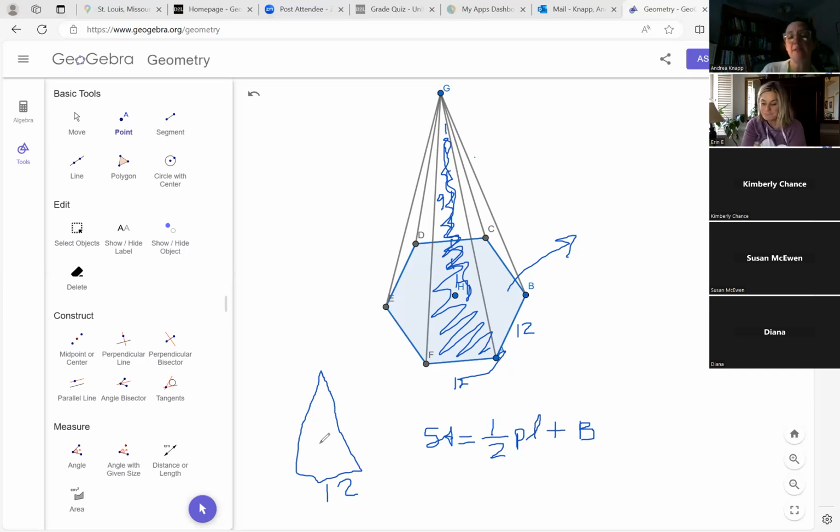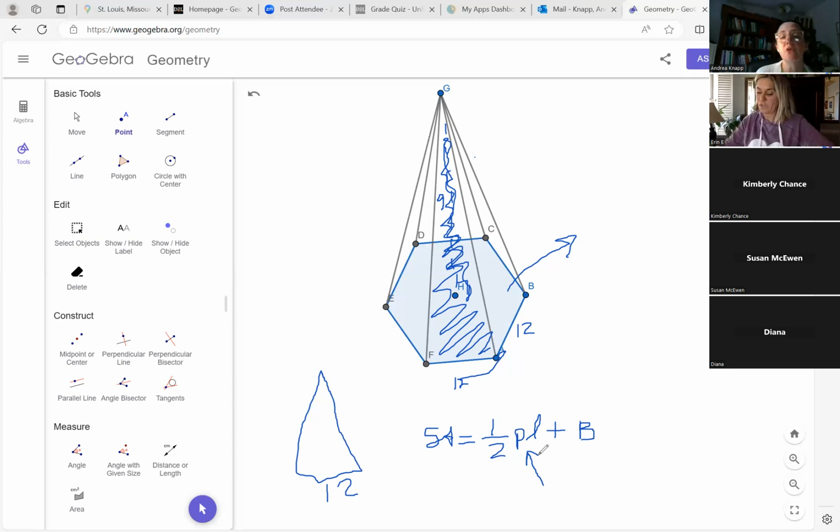So we have half times base times height in the first triangle, half times base times height in the second triangle, in the third triangle, and on all of those triangles. Then you add them all up. In the end, the base in every one of them is 12, so you're really taking the perimeter. That's why you can just put in the perimeter and it gives you the areas of all of those faces at once. And then we need the area of the base.